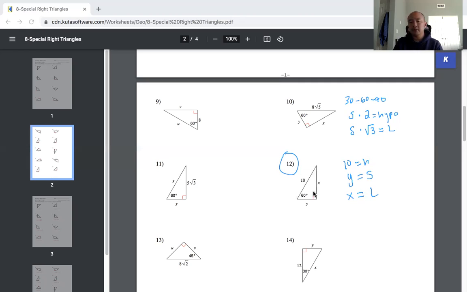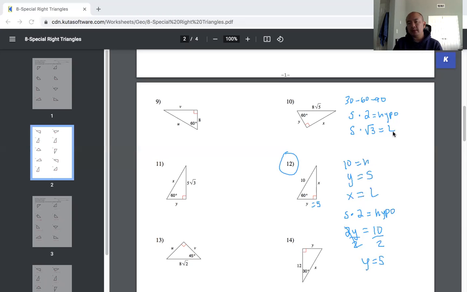So we know that short leg times 2 is equal to the hypotenuse. The S is y, so 2y is equal to 10, and you divide by 2, and so y is equal to 5.